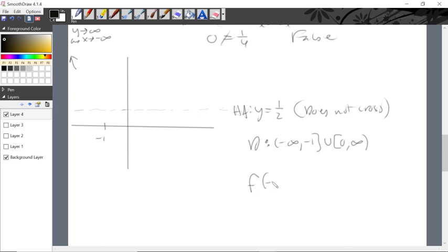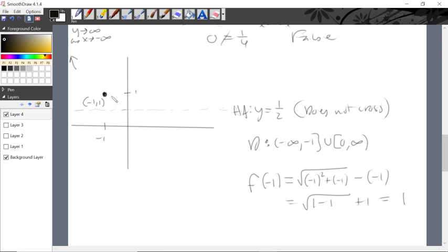Let's find them. What is f of negative 1? That would be the square root of negative 1 squared plus negative 1, minus negative 1. So the square root of 1 minus 1 plus 1 is just equal to 1. So the point is negative 1, 1. If this is 1/2, then 1 would be maybe up here. So there's a point that exists right there, with coordinates negative 1, 1.